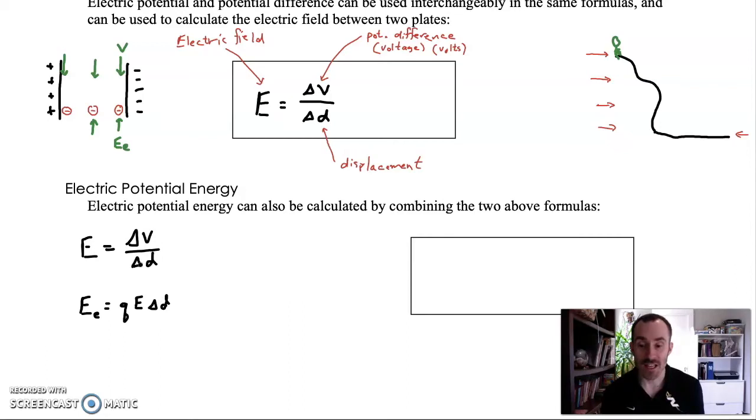We have an E and a D here, and an E and a D here. And if we rearrange this top formula slightly, we get voltage difference, or potential difference, is equal to E field strength times displacement, or times separation. And so this is the same as this.